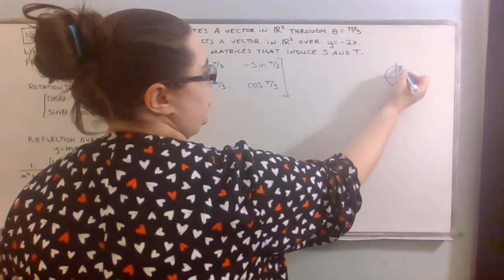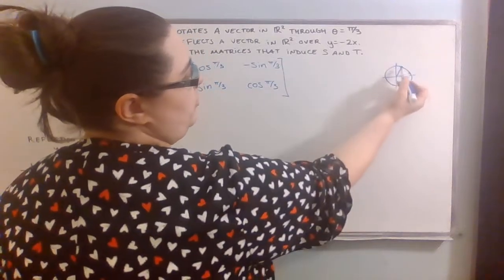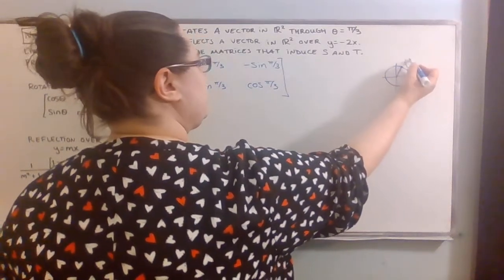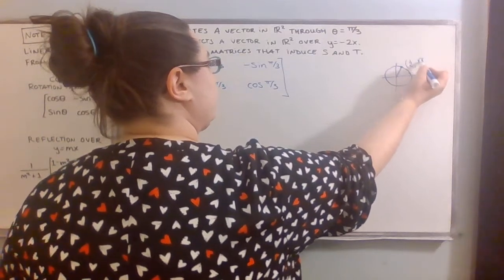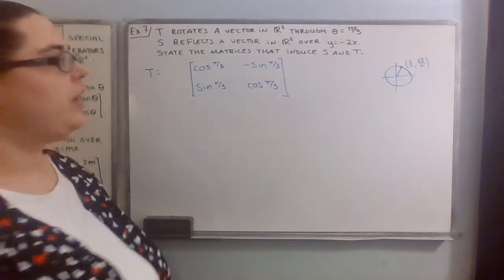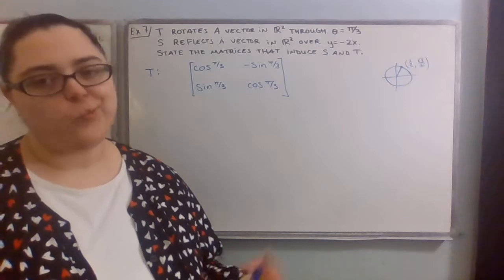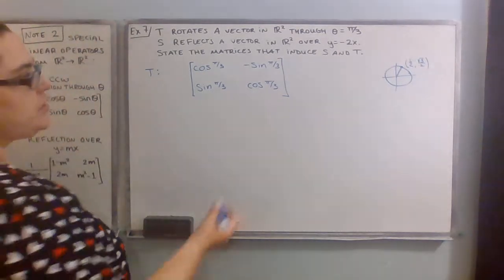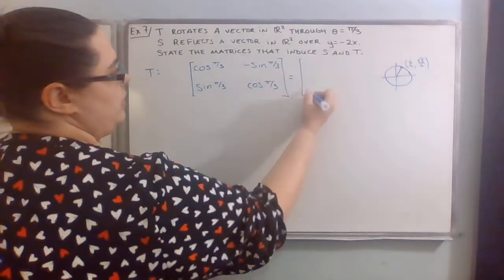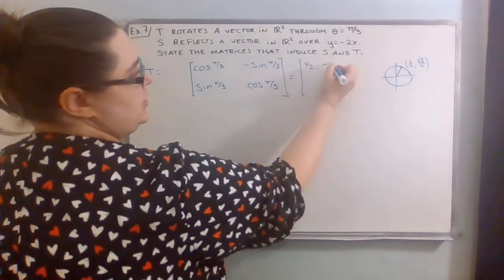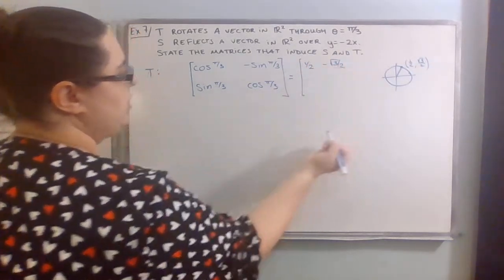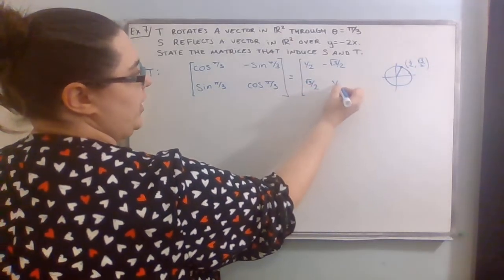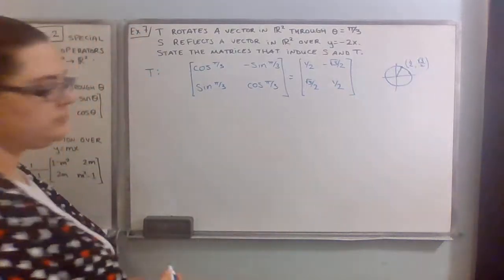Pi thirds will take me up here, so the y value is taller than the x value is wide. This means we've got 1/2 and root 3 over 2. So our cosine value will be 1/2 and our sine value will be root 3 over 2. So this is going to be 1/2, negative root 3 over 2, root 3 over 2, and 1/2.